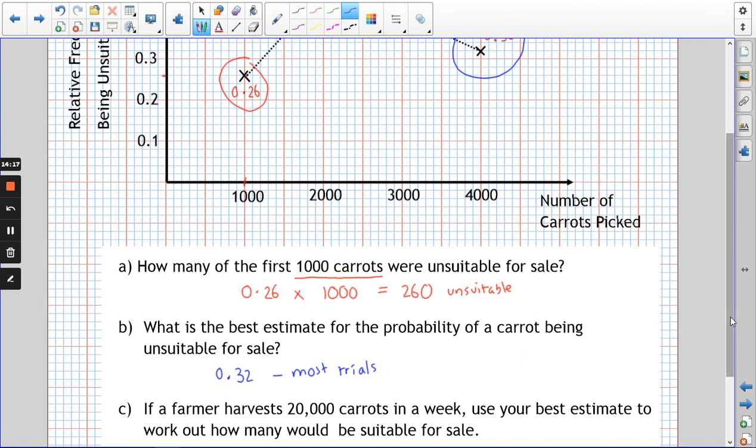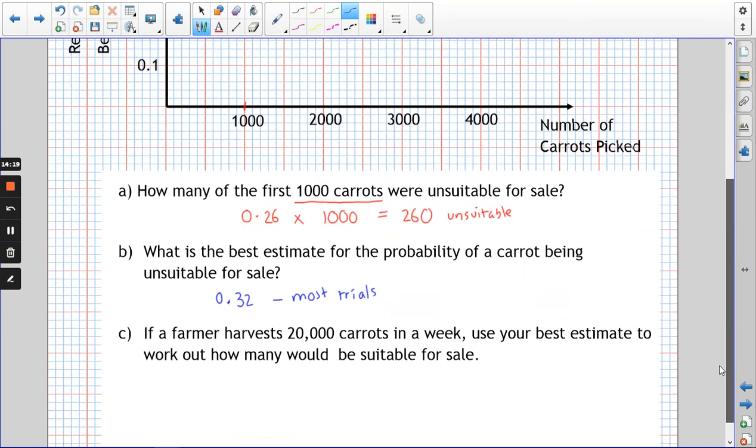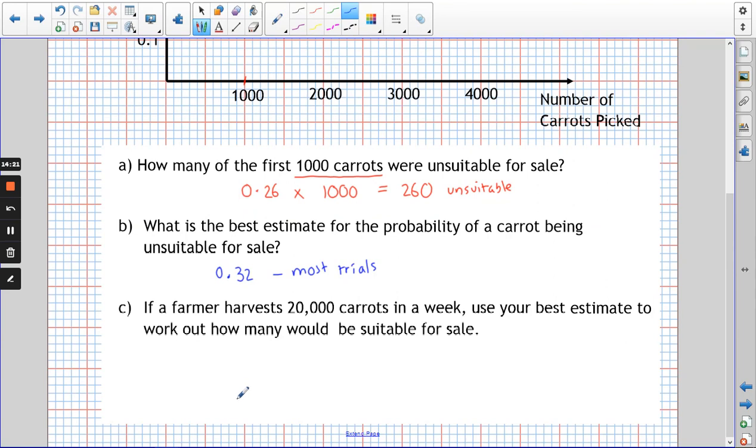And then it says at the bottom, part C, if a farmer harvests 20,000 carrots in a week, use your best estimate to work out how many would be suitable. So be careful here because it says suitable for sale. So we're going to have to do a little bit extra at the end. We've already said that 0.32 is our best estimate, so 32% of 20,000.